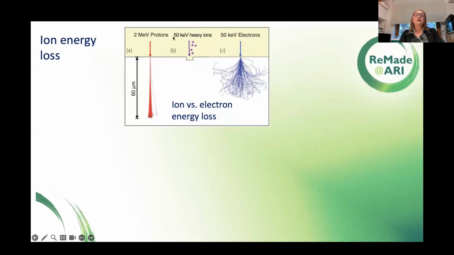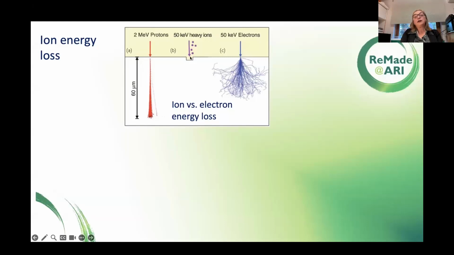But if you look at 2 MeV protons, they will really go straight and deep, with some small distribution, but this aspect ratio is really good for doing micromachining or defect engineering and so on. This is completely different from very light ions, very low energy ions, excuse me, let's say 50 keV heavy ions.